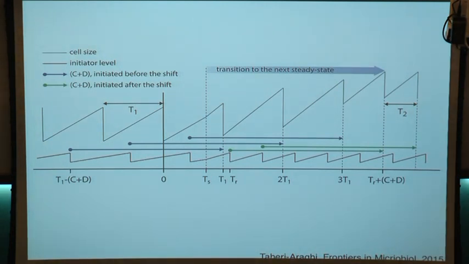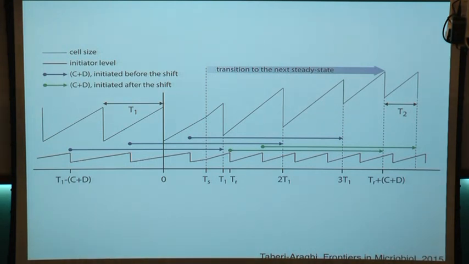But I think the most important thing here is conceptually, before shift up, there are always separate time points where division took place. But that division before shift up still dictates the cell division until after C plus D from that point.